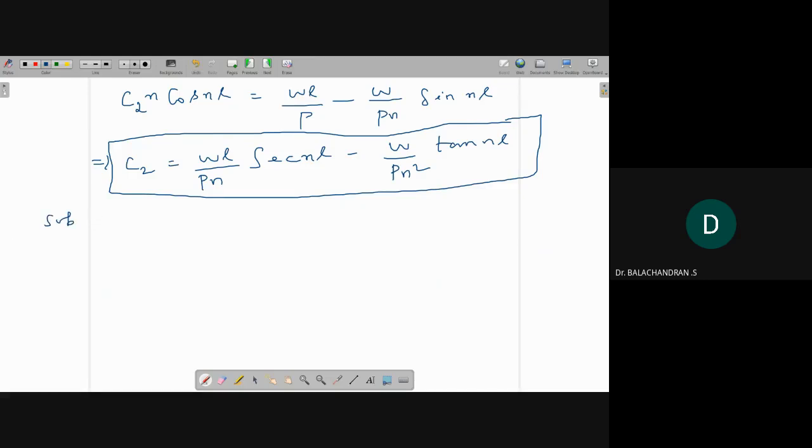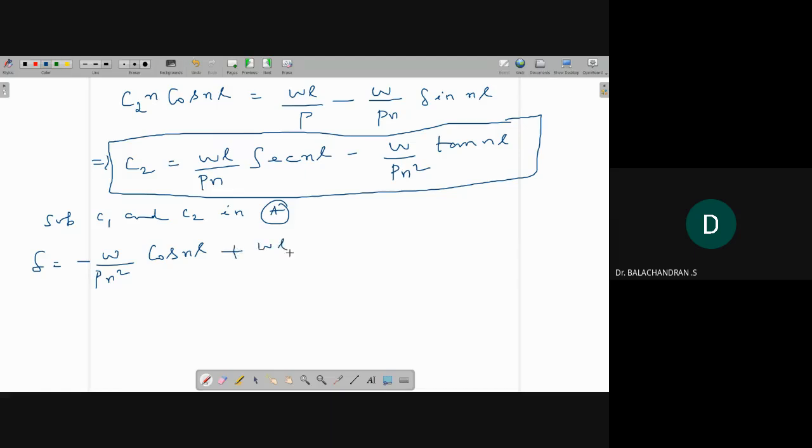Substitute C1 and C2 in A. So delta equal to minus omega by p n square into cos nL. This is actually C1. C1 into cos nL plus C2.